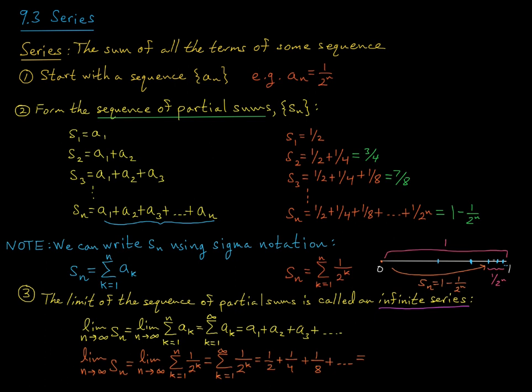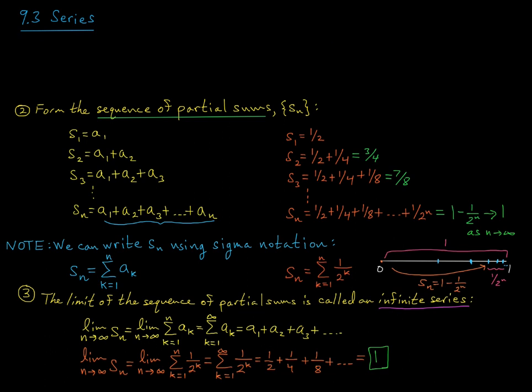And so the total distance he's traveled on the nth stage would be 1 minus 1 over 2 to the n. Now, as we let n approach infinity, s sub n converges to 1, which of course is just the total distance from where he starts to the door. So this series has a finite sum, and that sum is equal to 1. Great. So Achilles reaches the door.